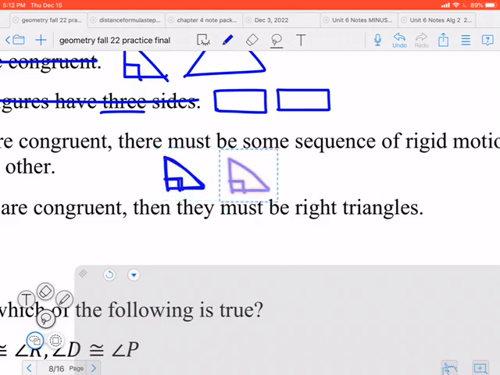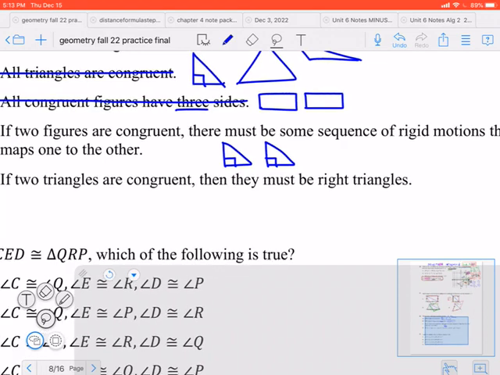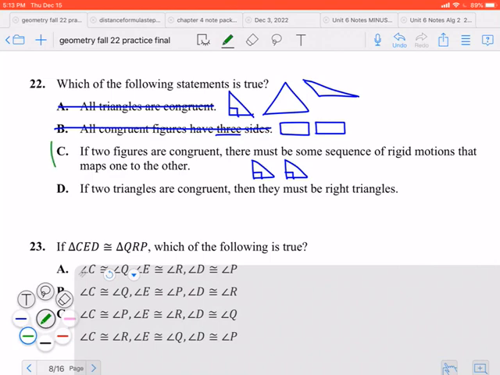That's what the rigid motion means. If two figures are congruent, you can move one on top of the other and it would look exactly the same. That's what congruence means. So we've got letter C there being true.